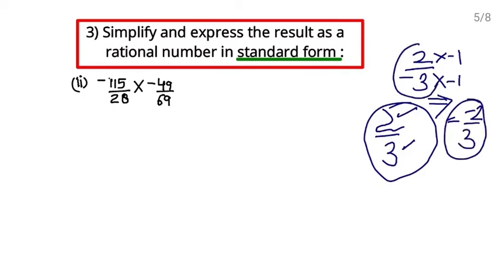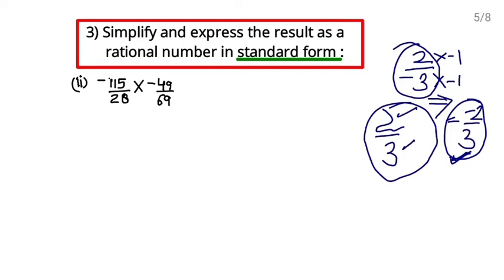Right? 2 upon minus 3 is also equal to minus 2 upon 3, and this is the standard form. Clear? So while writing in standard form, make sure the numerator and denominator are not divisible by any same number, and the denominator is not negative. I have also explained this topic in the fundamental video, that means the introduction video. You can check from there, right?